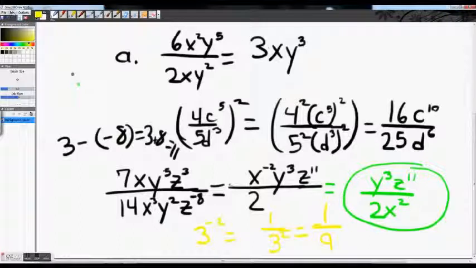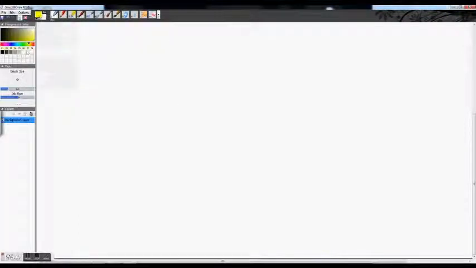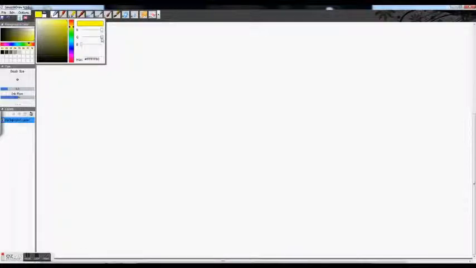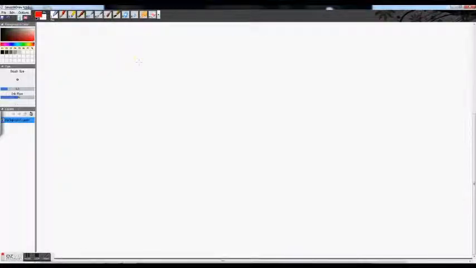Okay, now let's look at one last example. Let's use a color slightly less irritating than yellow. Red.